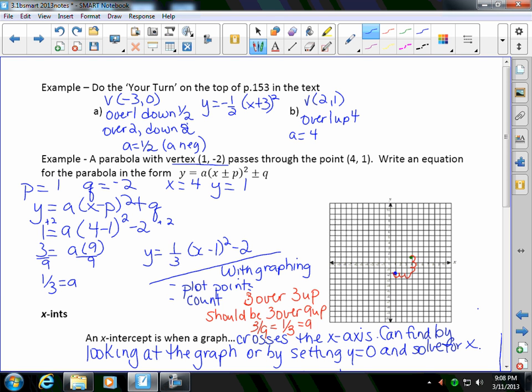And it's going to be a positive 4 because my graph is going up. So that means my equation, if I substitute in, will be 4 times (x, opposite sign of the p, so minus 2) squared plus 1. And then you are finished.